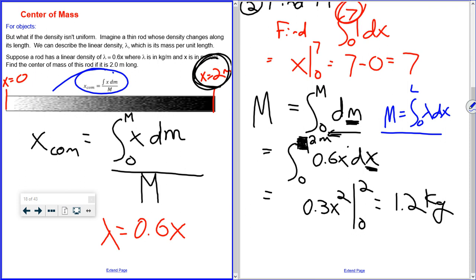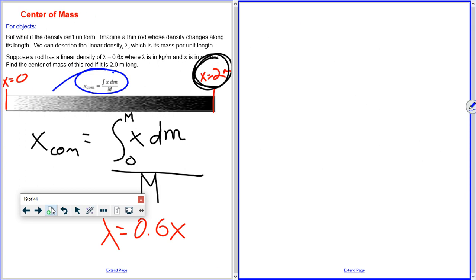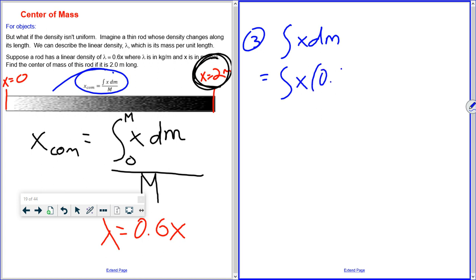Step number 3: we just found the bottom part of the fraction, m. Now we have to find the top part of the fraction. We need to find the integral of x dm. Remember, dm was just lambda dx, so that's 0.6x dx.